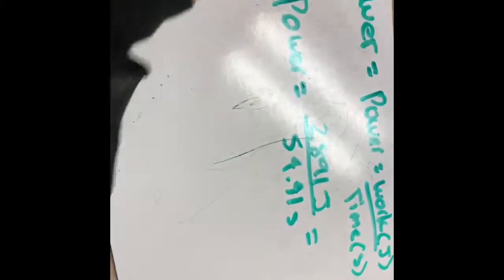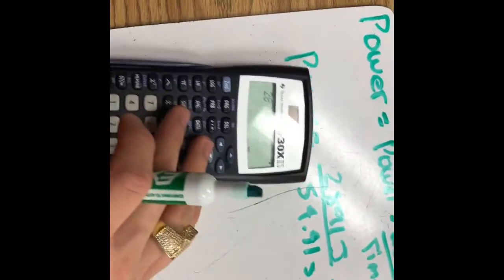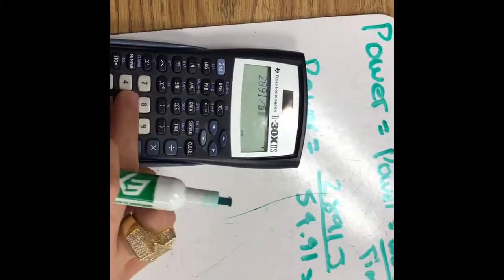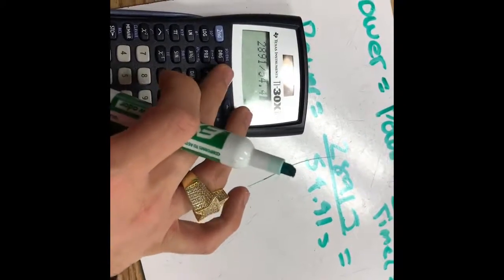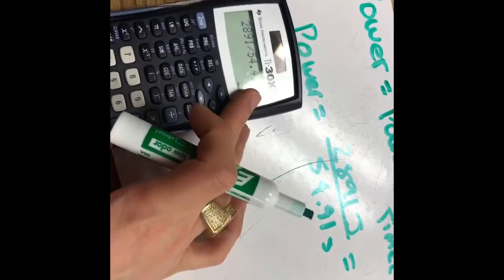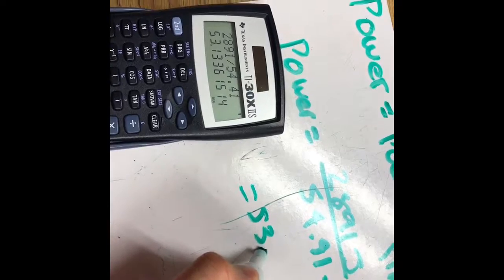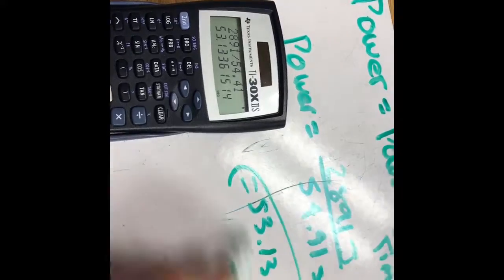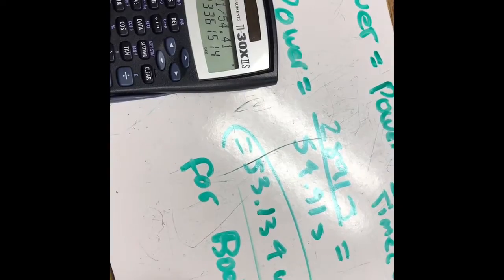What I'm going to do is 2,891 joules divided by 54.41 seconds. And what I got is 53.134. And that's going to be in watts. And that's for the Boeing 737.